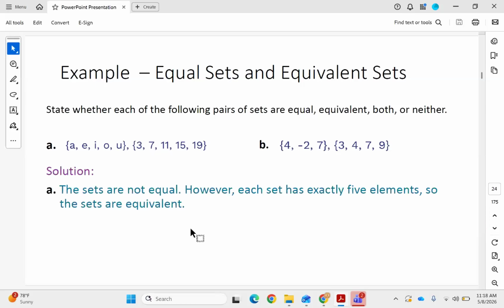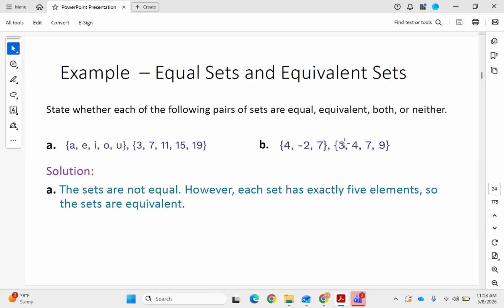So these two are actually equivalent. They're not equal because one has vowels and the other one has numbers, but because they have the same amount of objects, 5 numbers and 5 letters or vowels, they are considered equivalent.